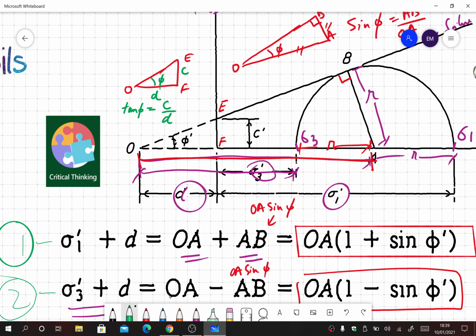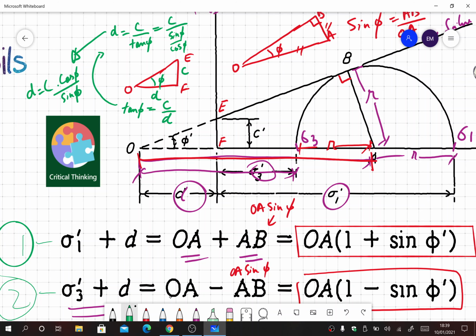So tan of phi is C over D, so that means D is equal to C over tan phi, and we know that tan phi is equal to sine phi over cos phi. So I can say that D is equal to C cos phi over sine phi.